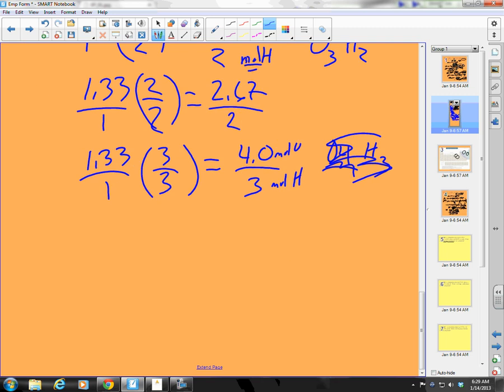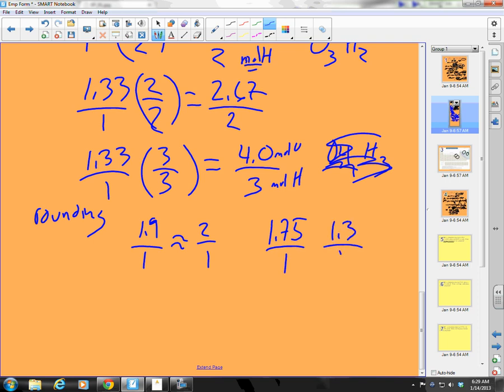Now, here's the thing to be careful about: rounding. If you have 1.1 to 1 or 1.9 to 1, that's close enough to say that's 2 to 1. But don't round anything that's like 1.75 to 1. No, you can't round that. Don't round 1.3 to 1.